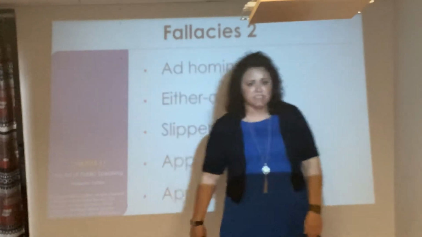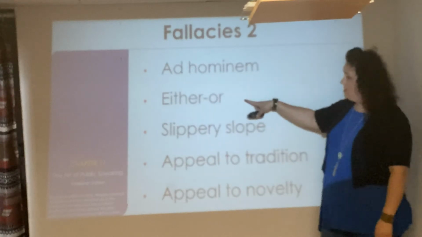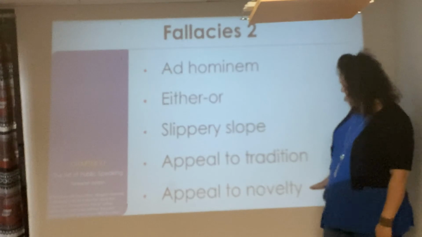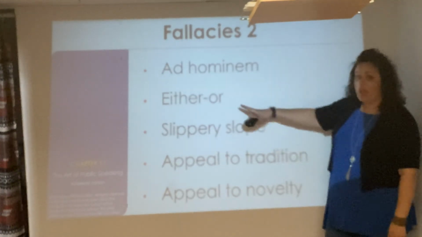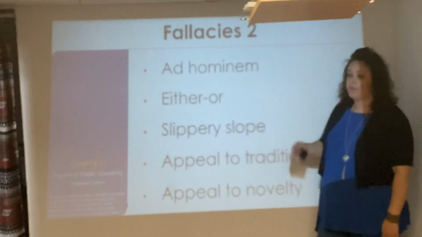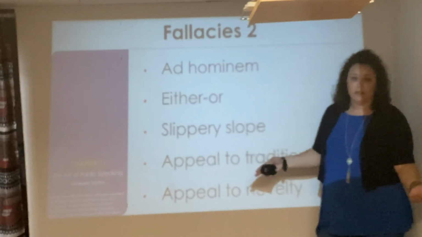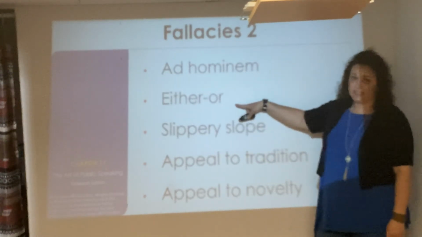There are a few more reasoning fallacies that we should cover: ad hominem, either or, slippery slope, appeal to tradition, and appeal to novelty. Either or is when we offer you one option or the other option, not the multiple options that are available. This happens often in United States elections.